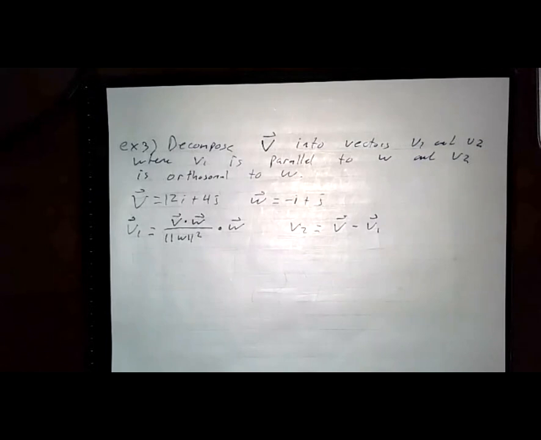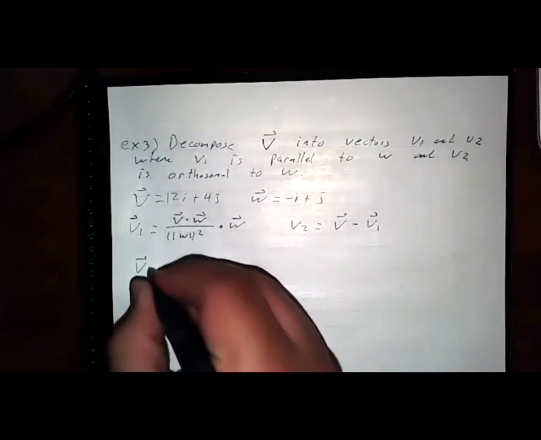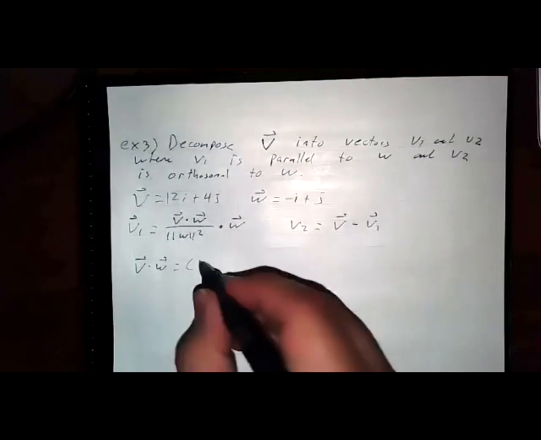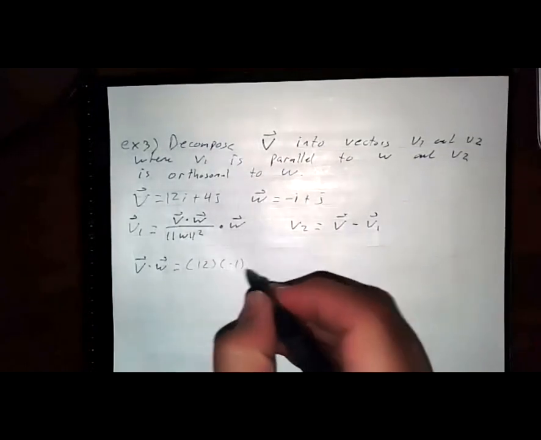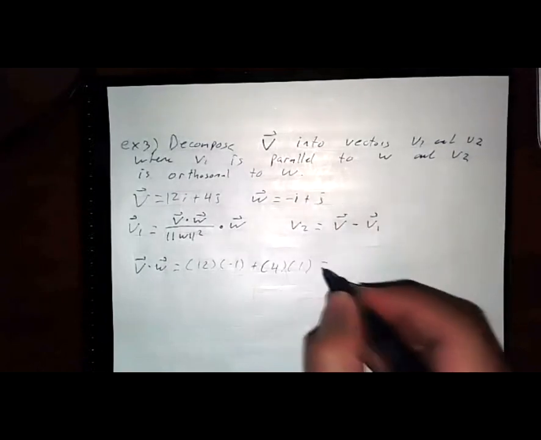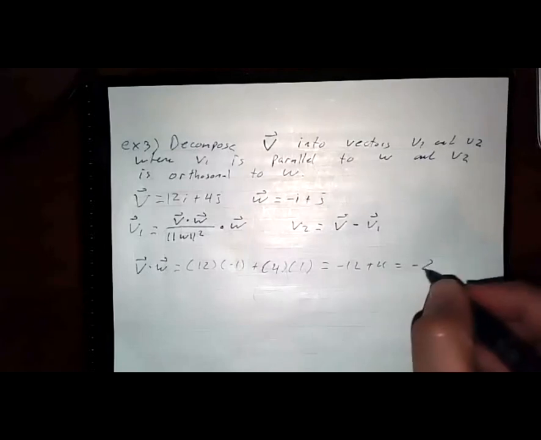All right, so let's do the dot product first, and then find the magnitude of W squared. V dot W is equal to 12 times -1 plus 4 times 1. So that'll be -12 plus 4, which is -8.